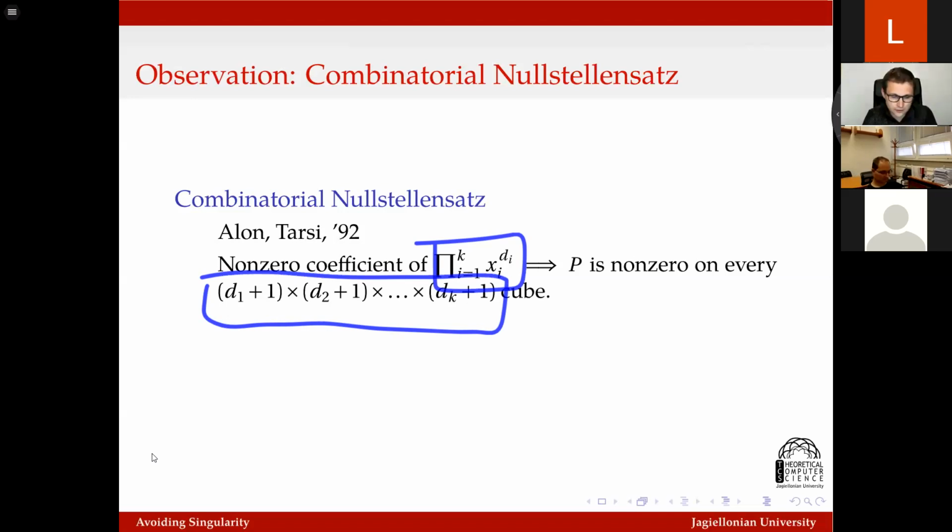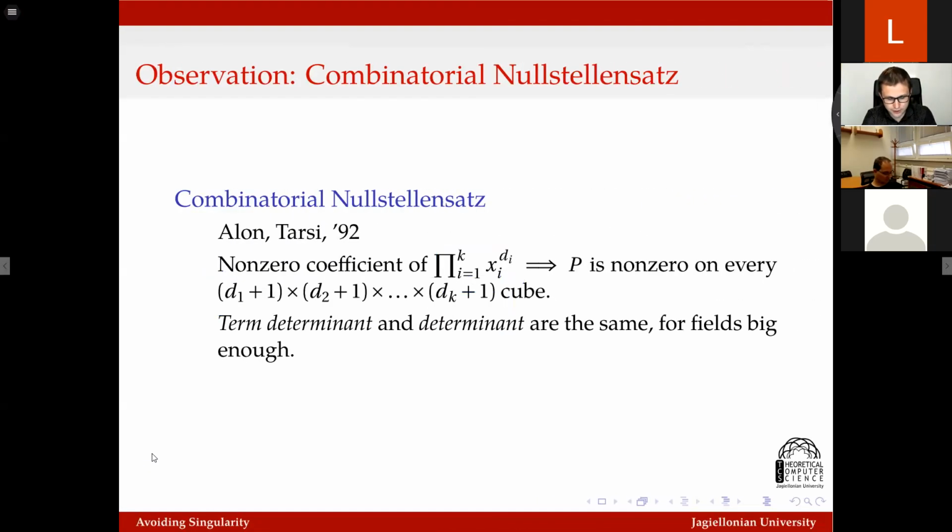This is connected to our problem in many ways, but maybe the most important is that it's the same thing as if you look at the determinant polynomial, compute the polynomial explicitly, and evaluate it on every possible choice.